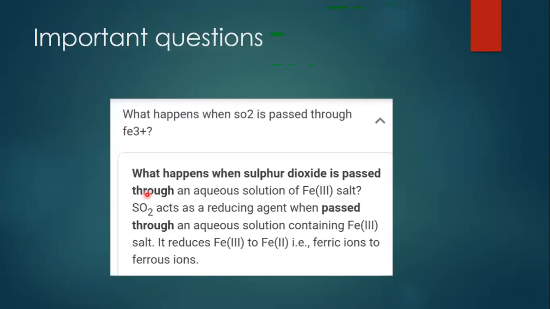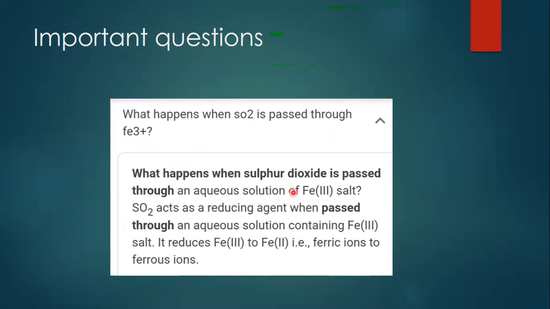Now the important questions generally asked in board exam. The first question is, what happens when SO2 is passed through a ferric solution? See, as we studied, SO2 acts as a reducing agent. If it is acting as a reducing agent, it converts ferric into ferrous ion.